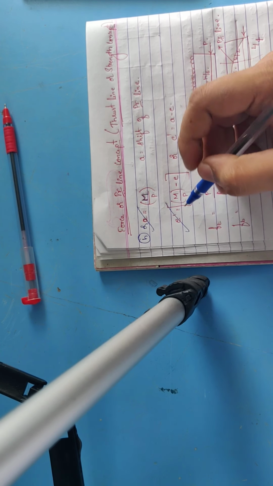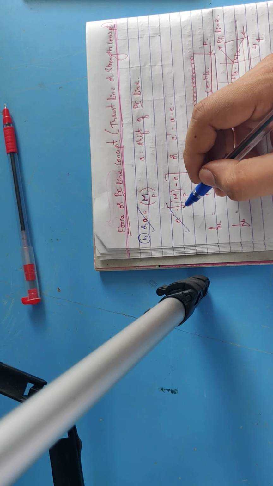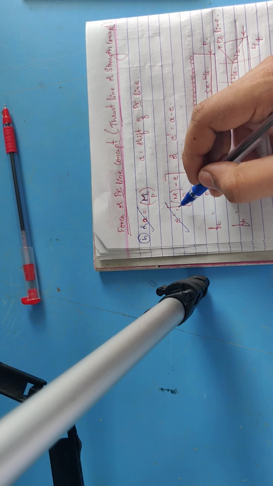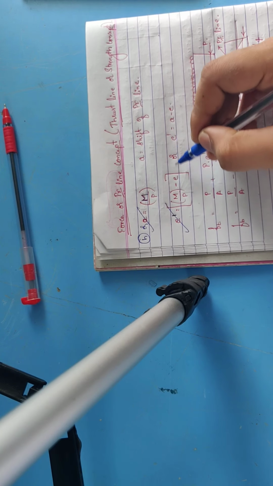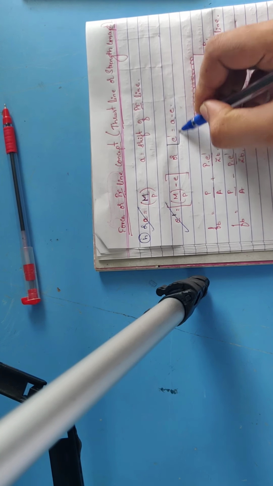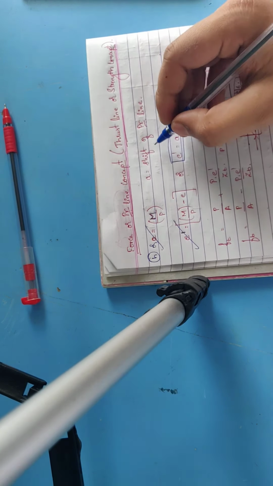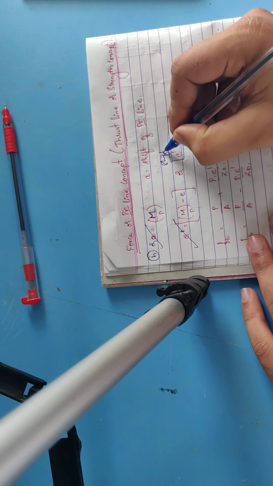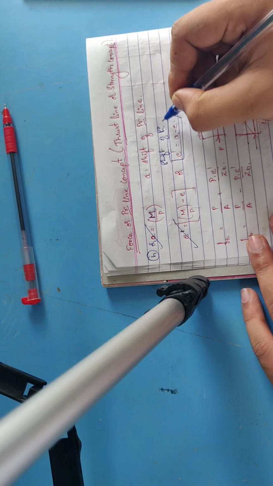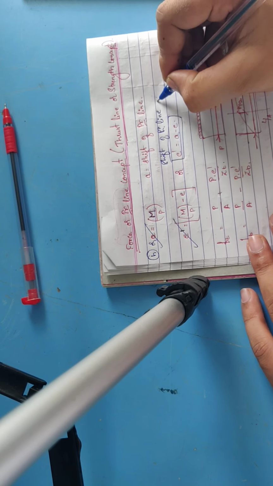The other one is the shift of the pressure line e measured from the centroidal axis. It is given by e dash equals a minus e.